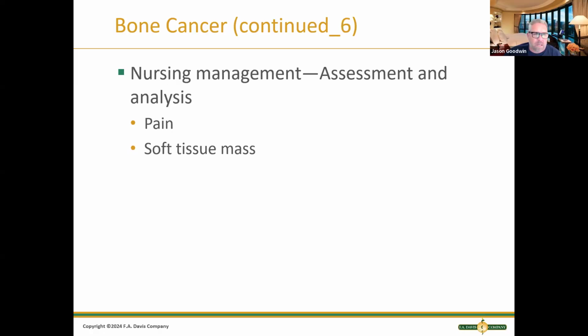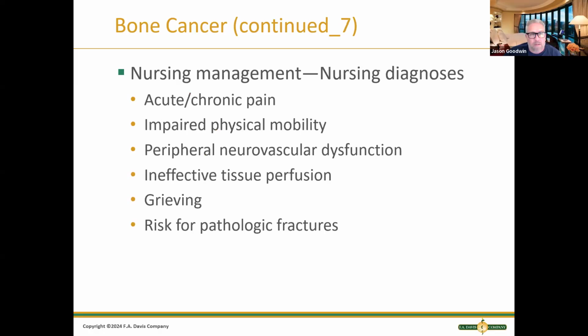As far as our assessments go, we want to take a look at any kind of soft tissue masses or pain. It's most likely what we'll see, but maybe not a whole lot else.